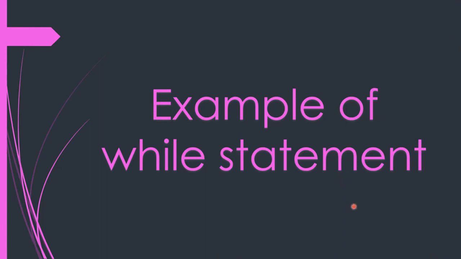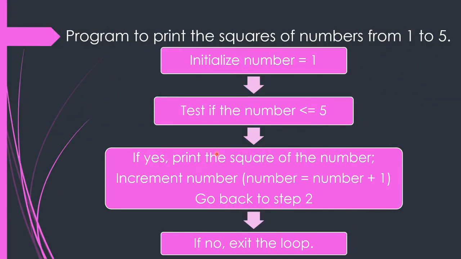Now let us talk about the example of the while statement. Here we are going to make a program to print the squares of numbers from 1 to 5. So here are a few steps that we have to follow to make this program. Our first step is initialize number equal to 1.